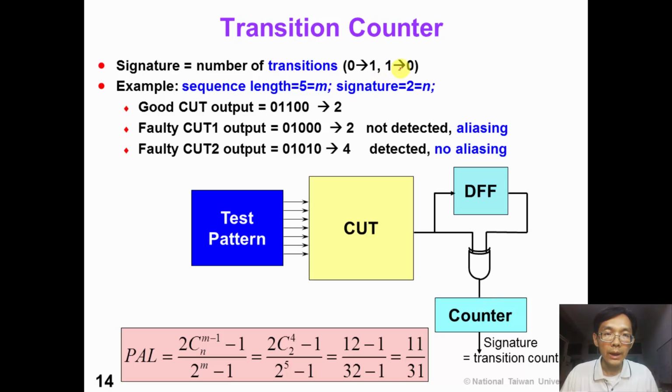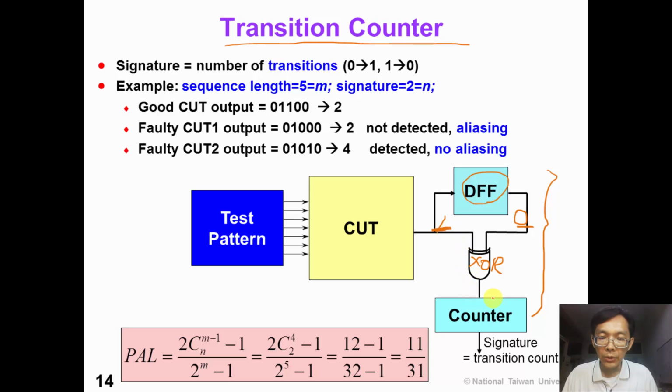And this slide shows a more sophisticated transition counter as ORA. In this transition counter, as is shown in this figure, we have one D flip-flop which stores the previous bit, and we have an exclusive OR that compares the value of the previous bit and the current bit.